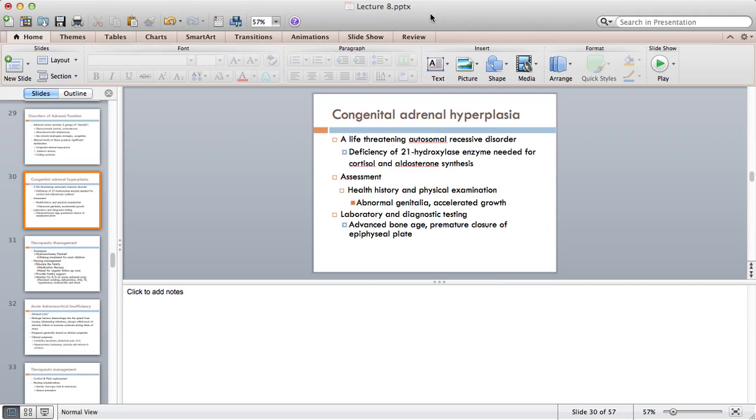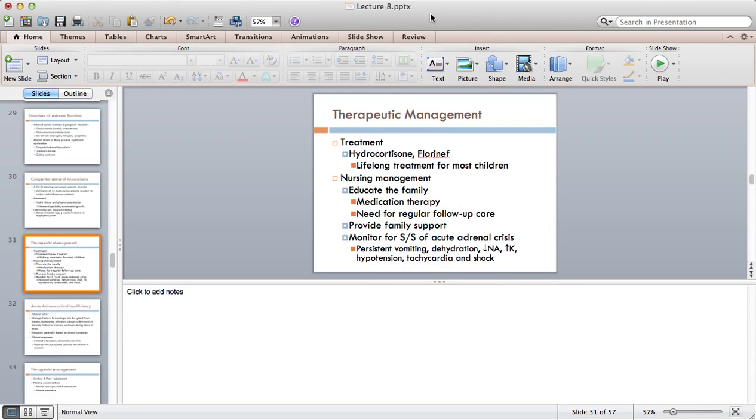We would like to monitor for signs of acute adrenal crisis, which will include persistent vomiting, dehydration, low sodium and high potassium, hyponatremia, hyperkalemia, hypotension, tachycardia, and possibly shock if we fail to identify any of the earlier signs and symptoms.